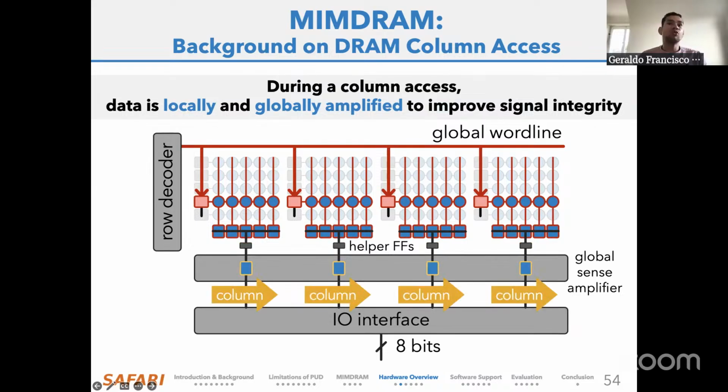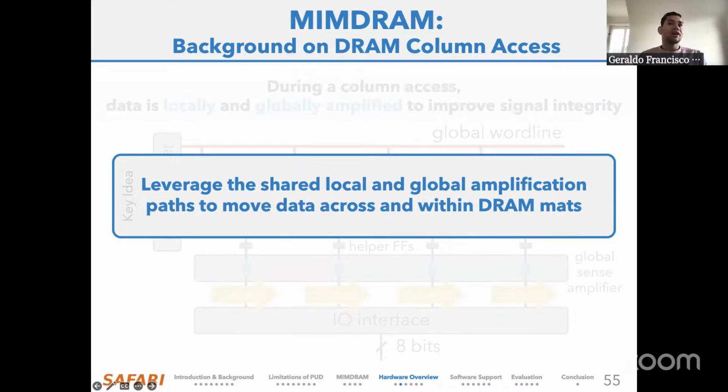Then the data is moved from the helper flip-flops into the global sense amplifiers. Our key idea to move data within a DRAM MAT is to leverage the local and global sense amplification paths already present in the DRAM MAT and the DRAM subarray.